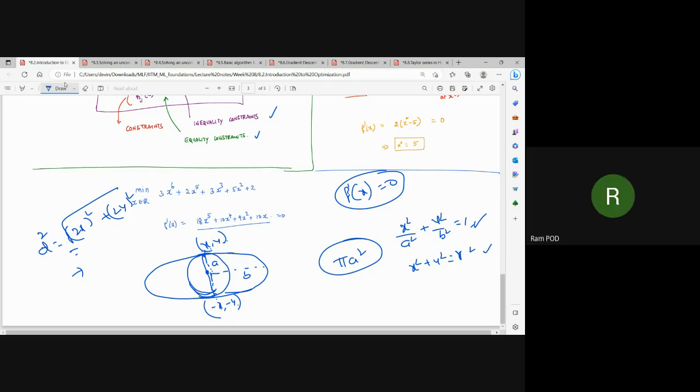So you are going to get 4 into square root of x square plus y square. Basically you're not getting much there, you're getting the same equation.